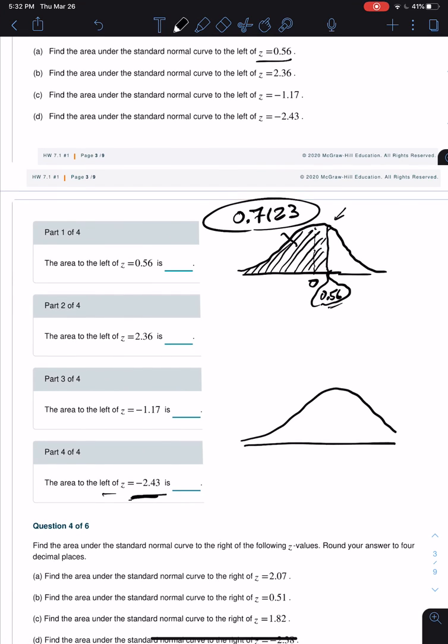Let's see if I can do a standard normal curve. I always like to put in my mean and a negative, that's way down there, negative 2.43. And we're just trying to figure out this little area right there. It's going to be a small number. Let's look it up, negative 2.43.